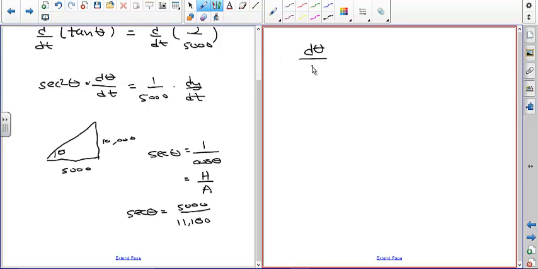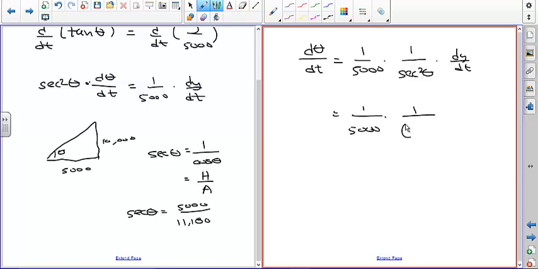So d theta dt is equal to 1 over 5,000 times 1 over the secant squared of theta times dy dt. And so we get 1 over 5,000 times 1 over 5,000 divided by 11,180 quantity squared times 15 feet per second.